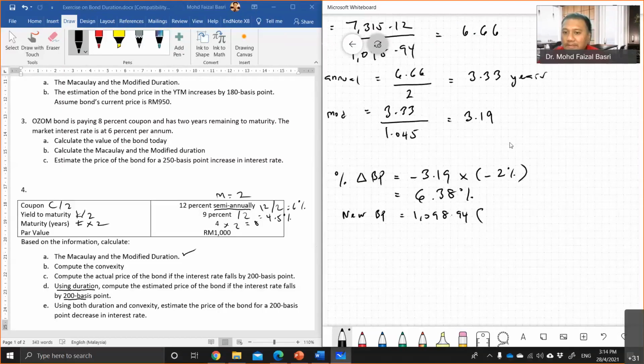So we take this 6.38% plus 1, which is 1.0638. So 1098.94 times 1.0638 gives 1,169.05. So the value has increased by 6.38%.